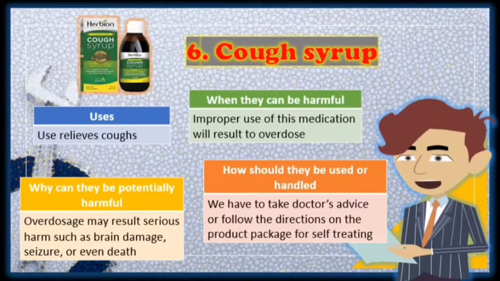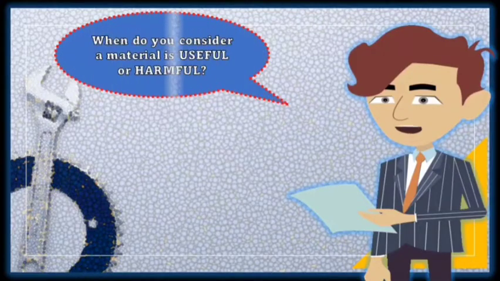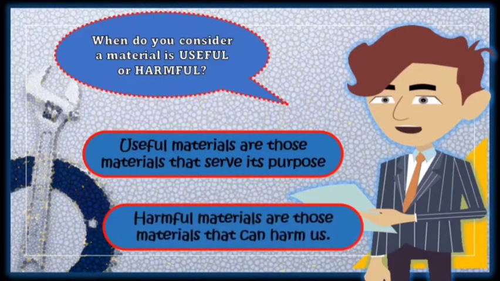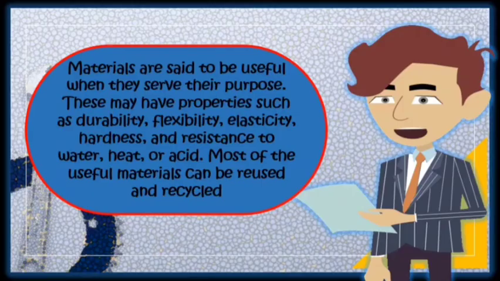So this time, class, when do you consider a material useful or harmful? Useful materials are those materials that serve their purpose, while harmful materials are those materials that can harm us. Materials are said to be useful when they serve their purpose.